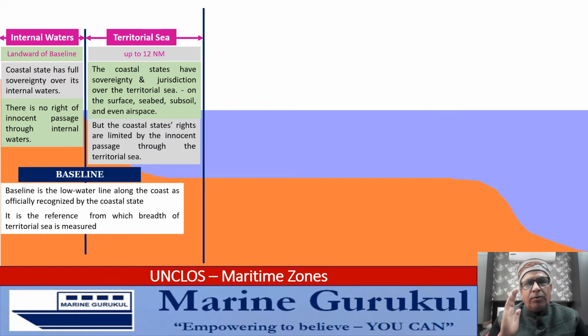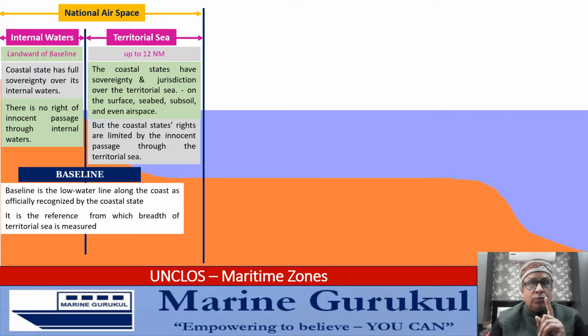Now the boundary of the territorial sea, whether it is 12 miles or less than 12 miles, divides the airspace into two distinct components. From the limits of the territorial sea to the landward is the national airspace. Unlike the right of innocent passage through the territorial sea, aircraft do not, I repeat, do not enjoy the right of innocent passage through the national airspace of a country.